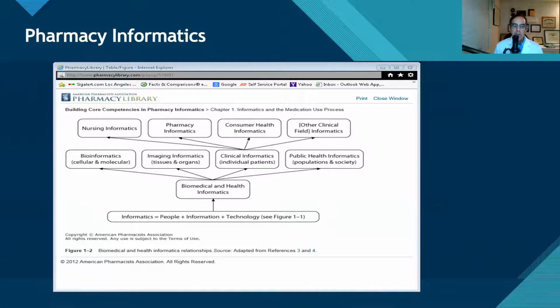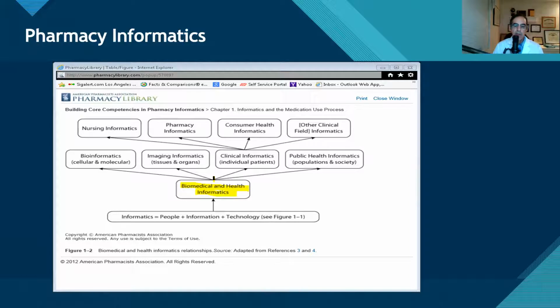Let's go to a chart that comes from the textbook that I mentioned previously from Fox, Felke, and Thrower. I'm going to pull up a little highlighter here so that I can highlight biomedical and health informatics. So the focus of the first statement was medical informatics and the role of the pharmacist in medical informatics.